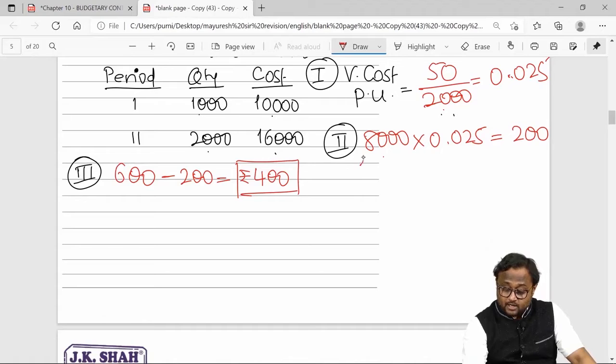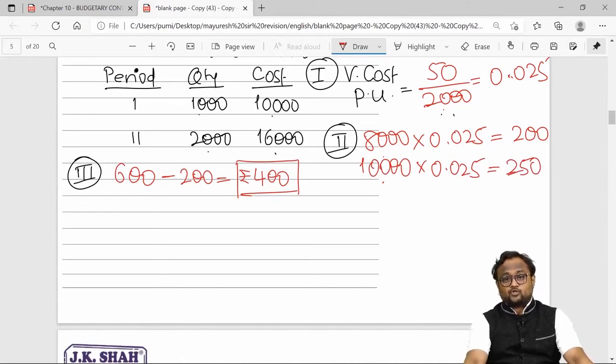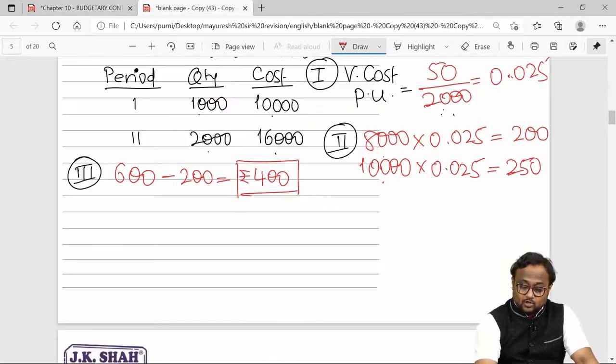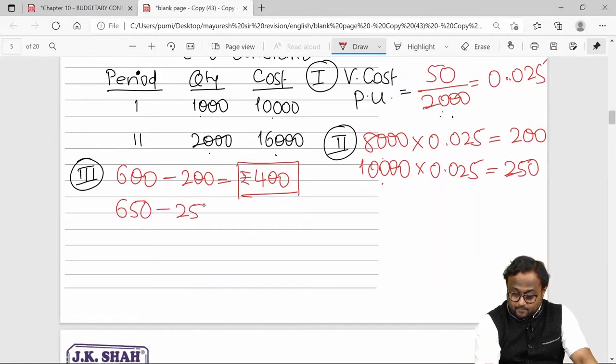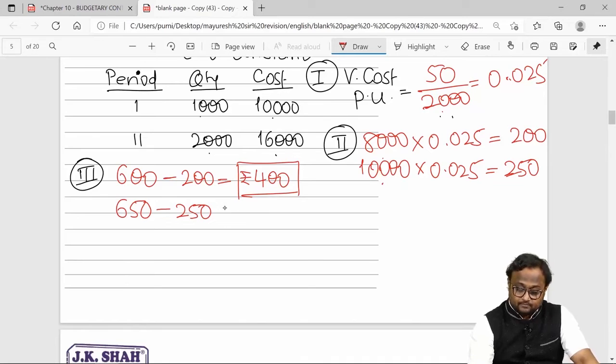Oh, you don't trust me? Never mind. I would have taken 10,000 into 0.025 and this would have been 250. My variable cost would have been 250 if I had taken 10,000 units into consideration. At this level of 10,000, the total cost was 650. 250 variable, that means again you can say 400 is a fixed portion.